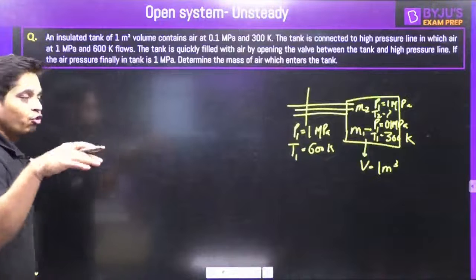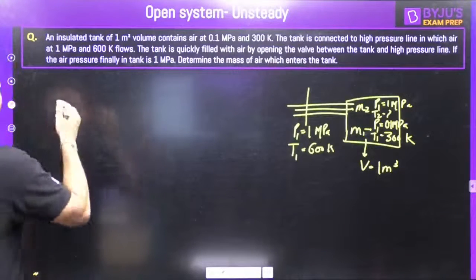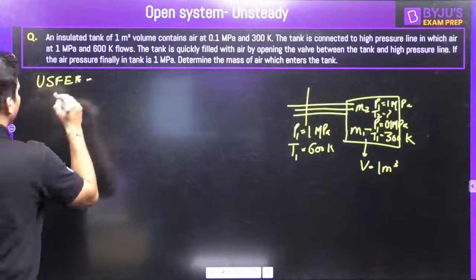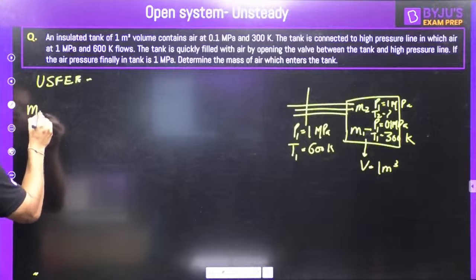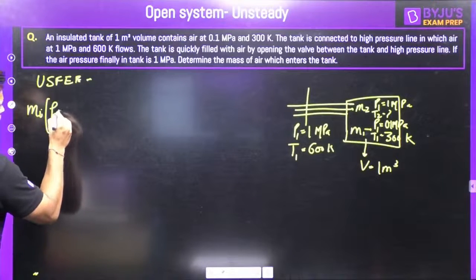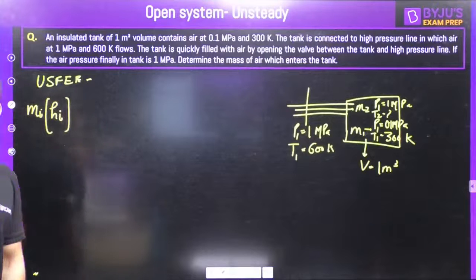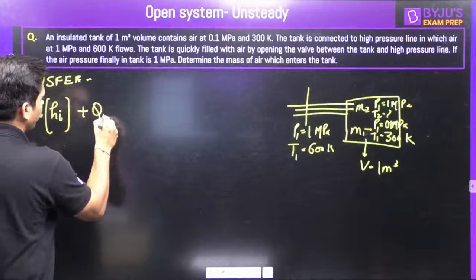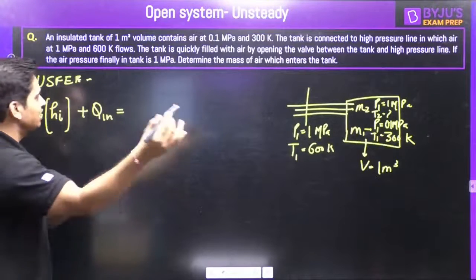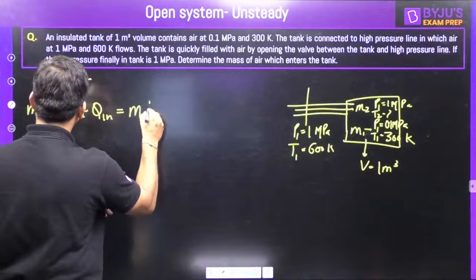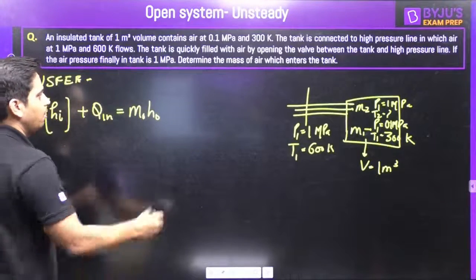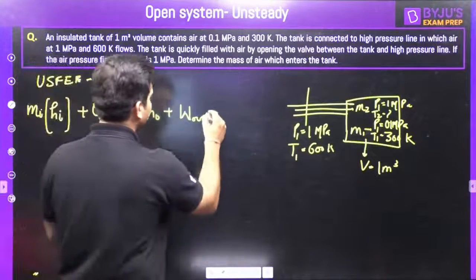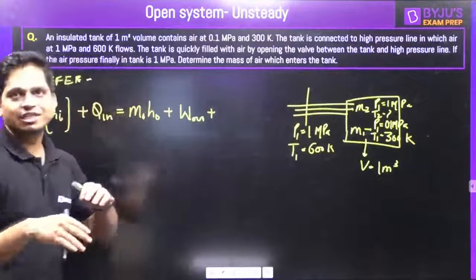Okay, so if you remember the equation that we talked about, unsteady flow energy equation, SFEE. So mass entering, M in H in, kinetic energy and potential energy I am neglecting, plus Q in is equal to mass that is going out, M out H out, plus if some work output is obtained, plus change in energy inside the system.